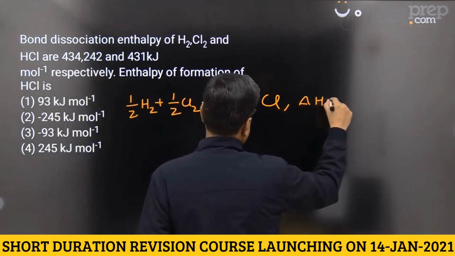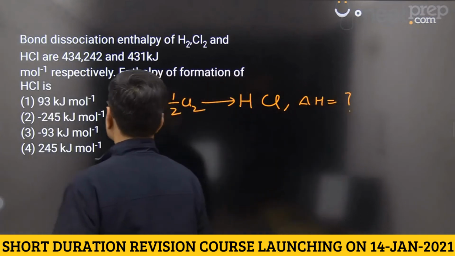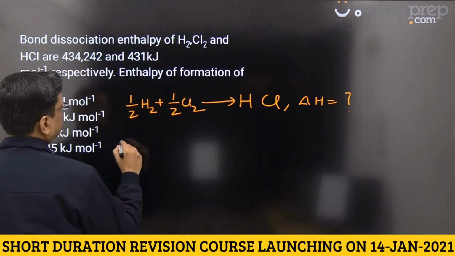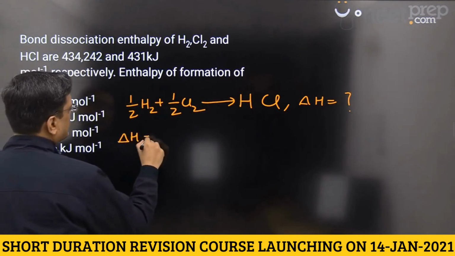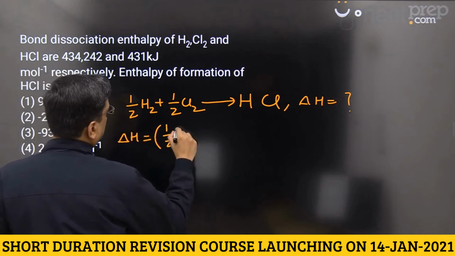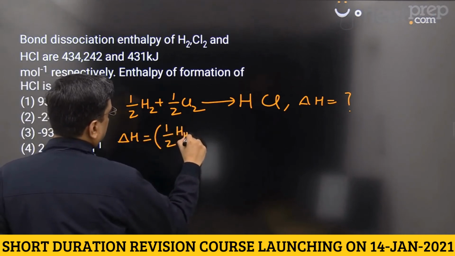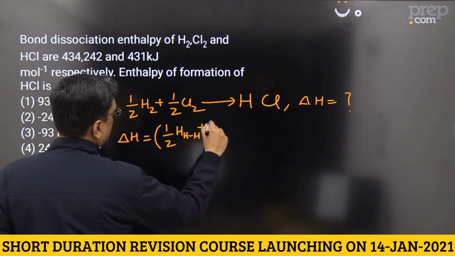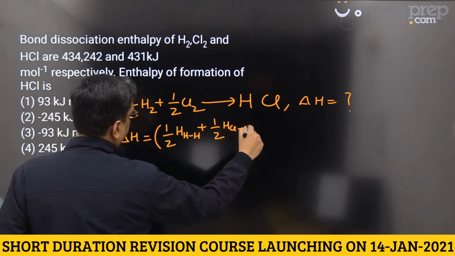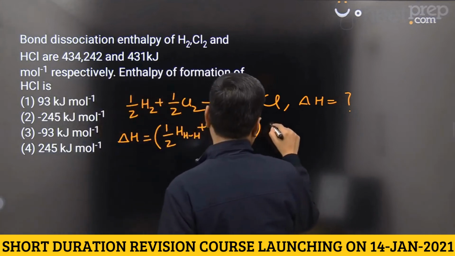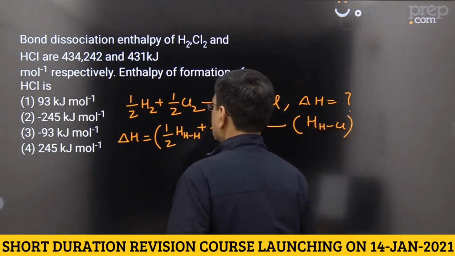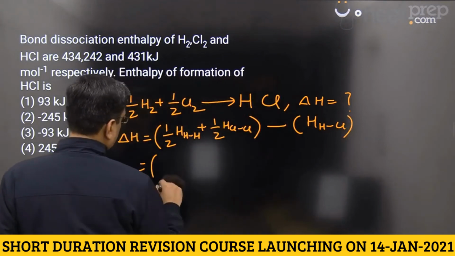This is the equation. Delta H is equal to bond energy in reactant, half H-H, half Cl-Cl, minus H-Cl. What are the values?